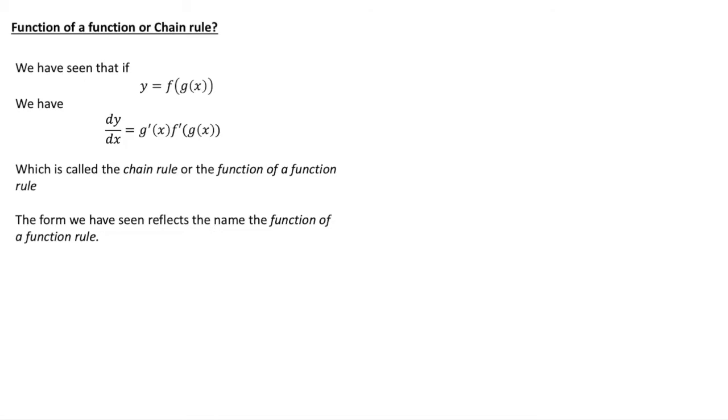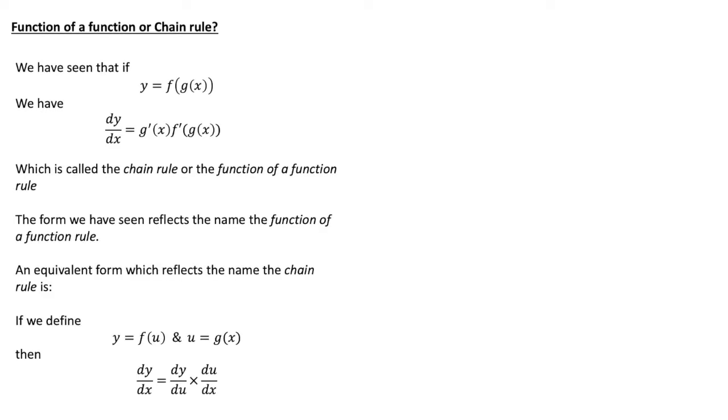And this form here, g dash x times f dash g of x, again involves a function of a function, as in f dash of g of x. So this form reflects the name function of a function, but there is an equivalent form which reflects the name of the chain rule.